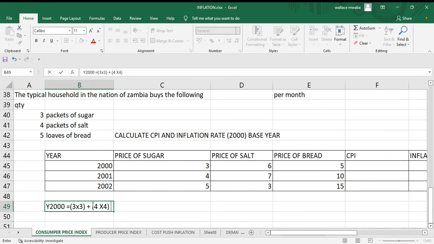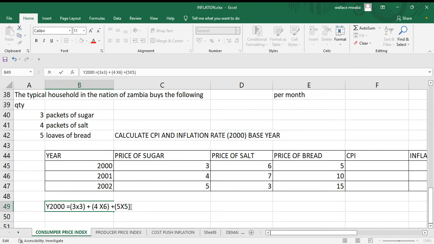Plus the price of bread, 5 kwacha, and people buy how many loaves? Oh, here it's supposed to be 6, so 3 times 3, 6 times 4, and 5 times 5.